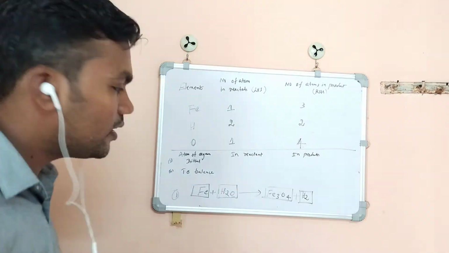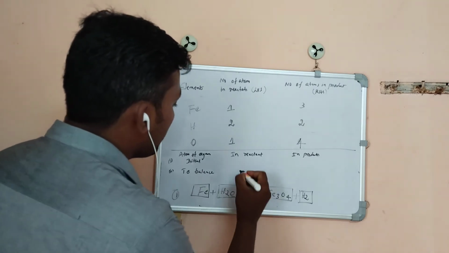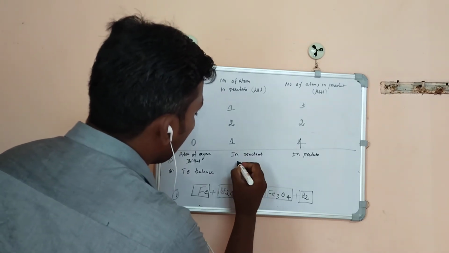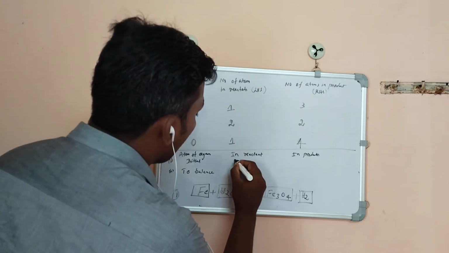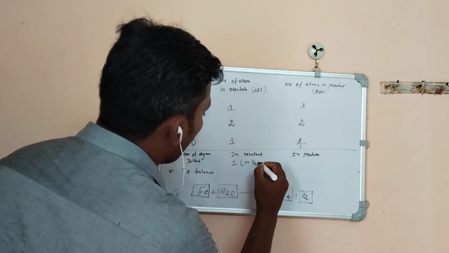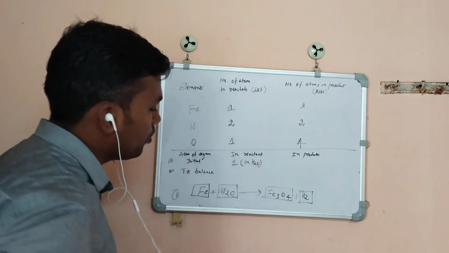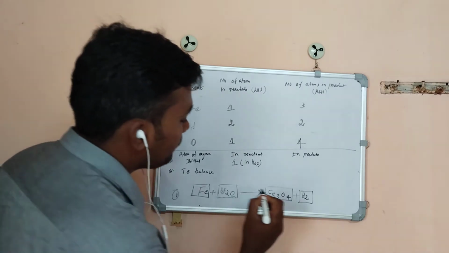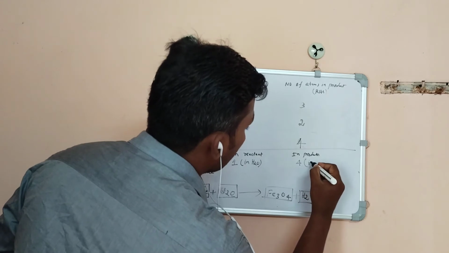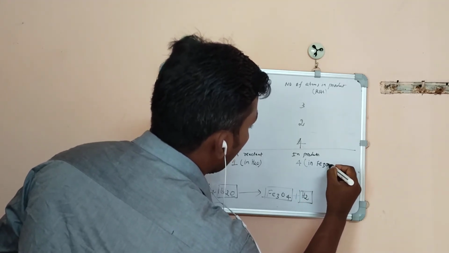First we are balancing the oxygen atoms in the reaction. Okay, in H2O on the reactant side only one oxygen is present. In the product there are 4 oxygens, that is 4 into 1 in Fe3O4.